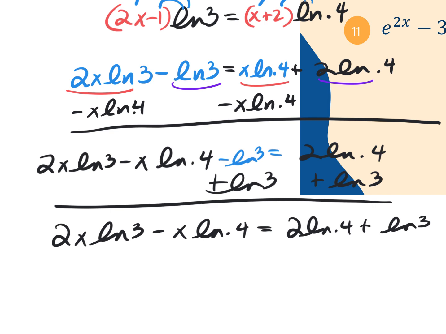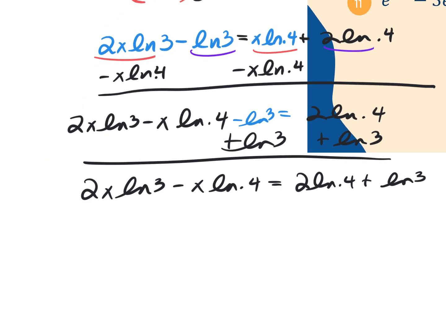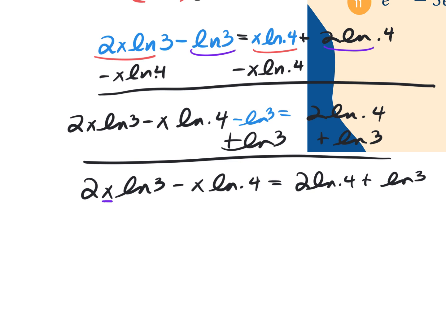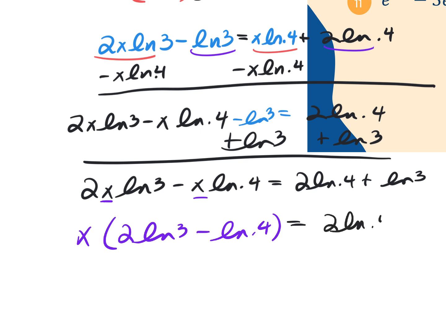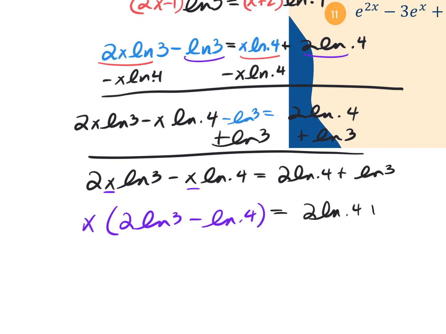Now I can factor out a GCF on the left side. So my GCF is x. And now I'm left with 2 ln 3 minus ln 0.4. This side is staying the same: 2 ln 0.4 plus ln 3.